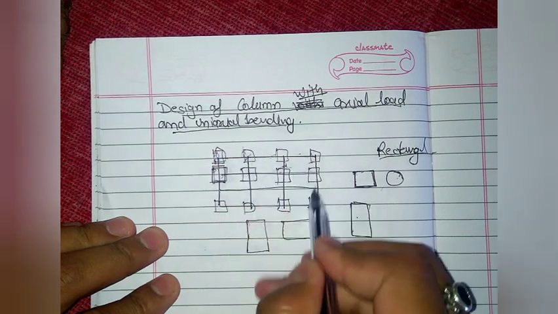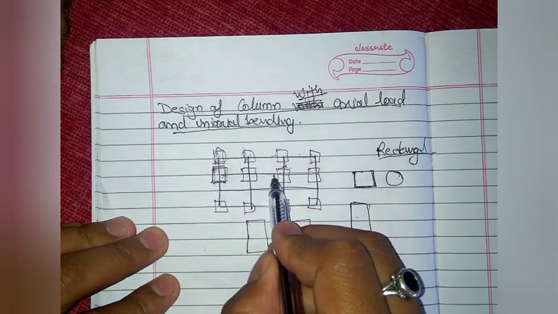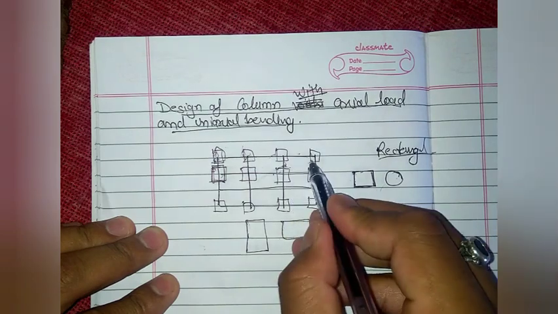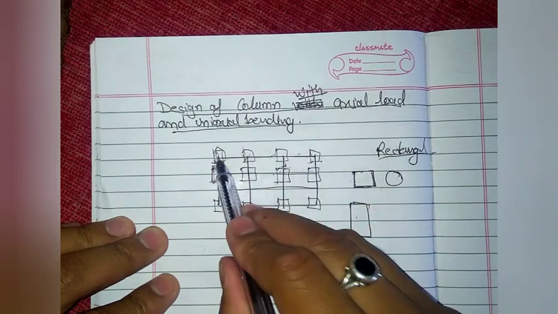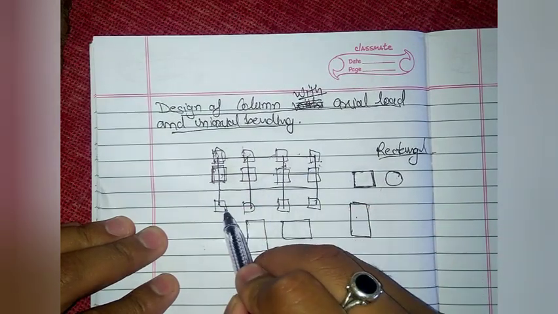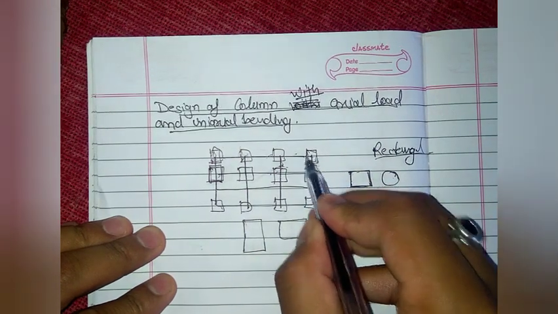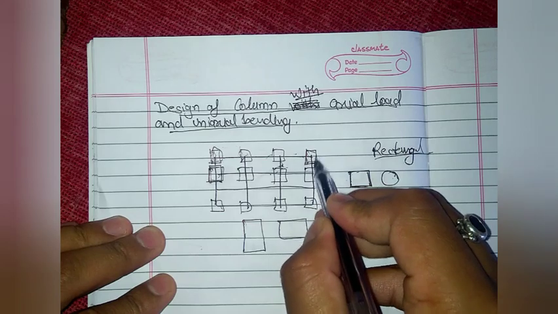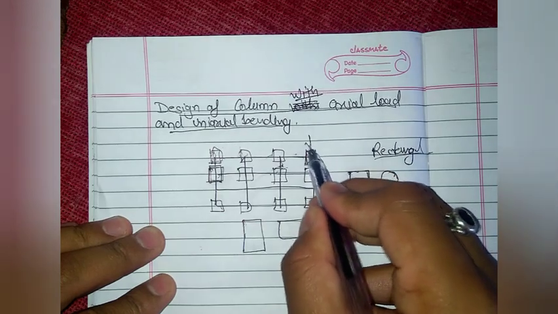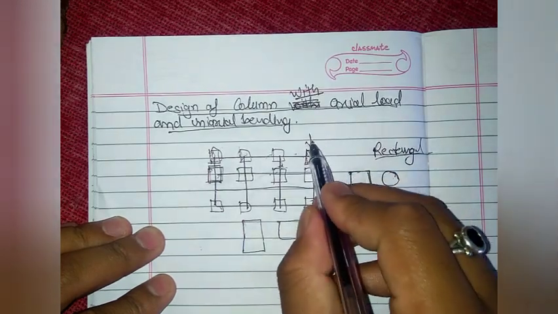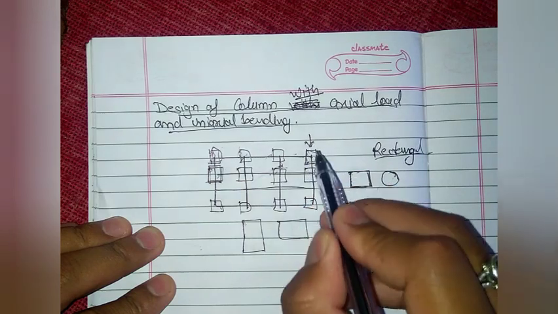Next important thing is that if we look at the corner columns, this one, this one, this one, and this one, they are imposed by axial loading, as well as they will experience some bending.